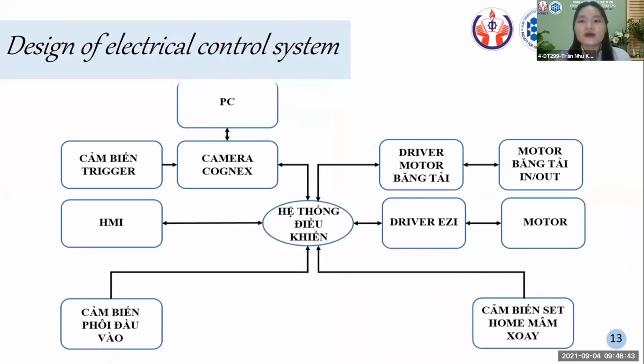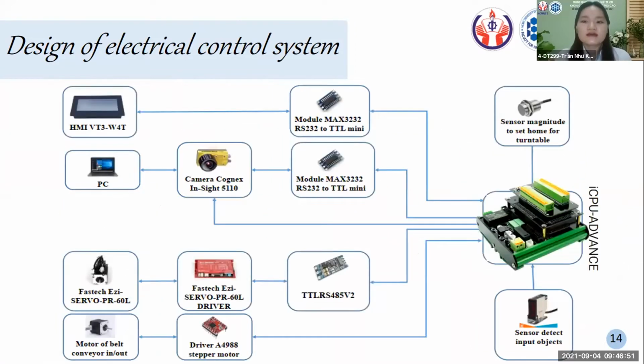In addition, the design of the electrical control system plays an important role. The electrical control system includes the central processing unit, some sensors, an HMI, servo motors, a stepper motor, and drivers.